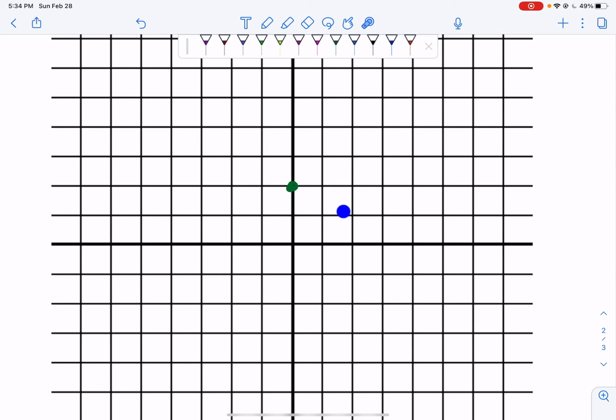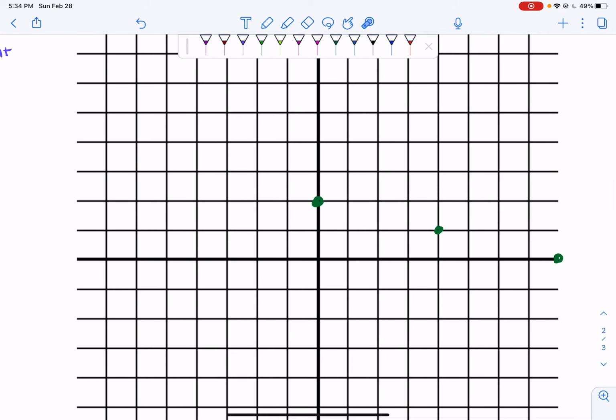So 1, 2, 3, 4. And then I go down 1 over 4. 1, 2, 3, 4. I ran out of room, so now I'm going to go back to my y-intercept, which is right here, and go up 1 and to the left 4. So up 1, left 4. 1, 2, 3, 4. And I plot a point.